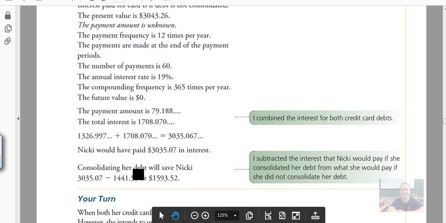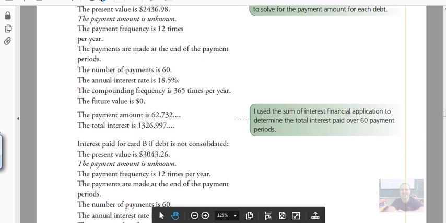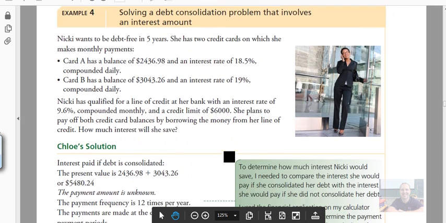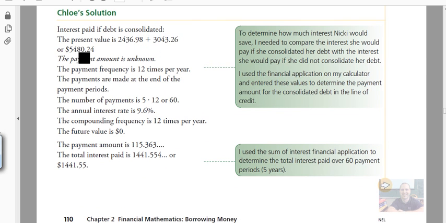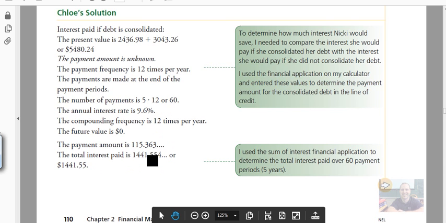And then you consolidate the debt, so that's the first option that they did in the textbook here. So you add up the two to get a total amount of $5,480.24, and that's at 9.6%. Okay, so you can calculate the total payment or the interest.